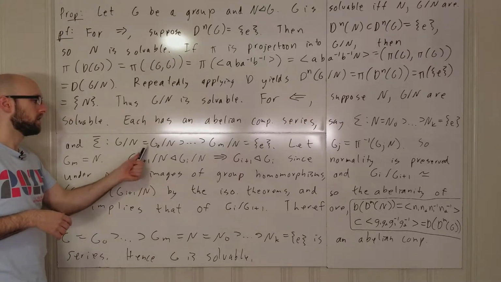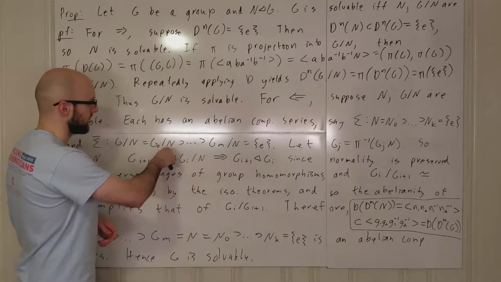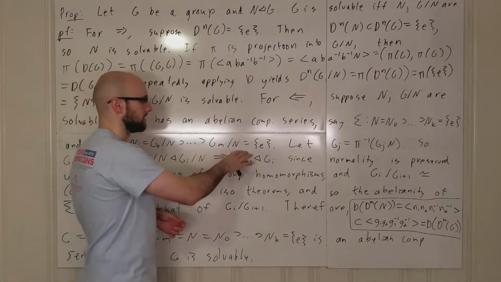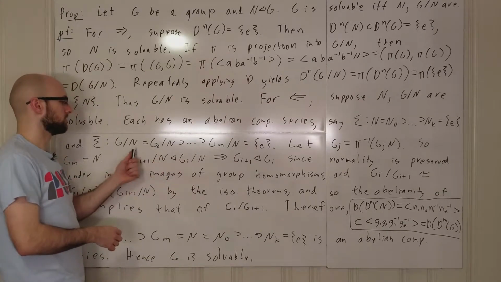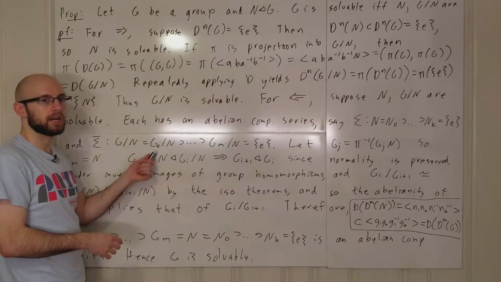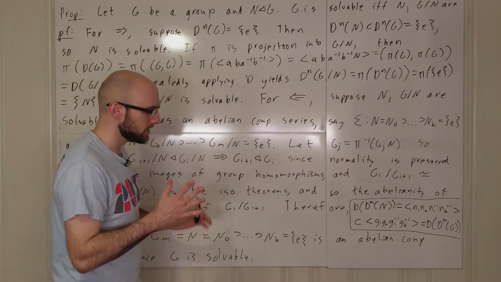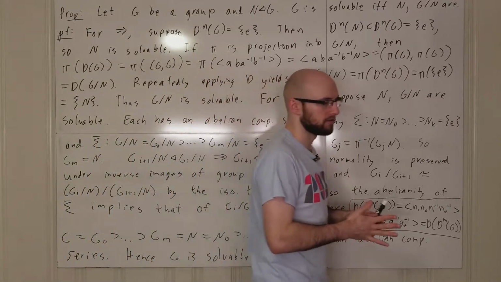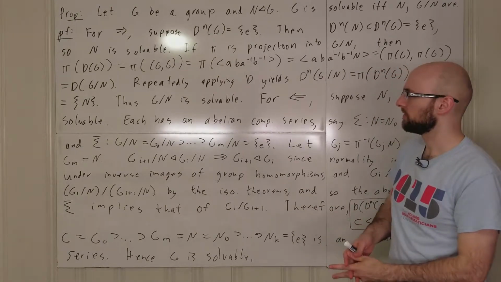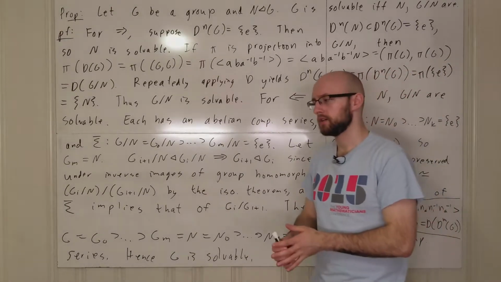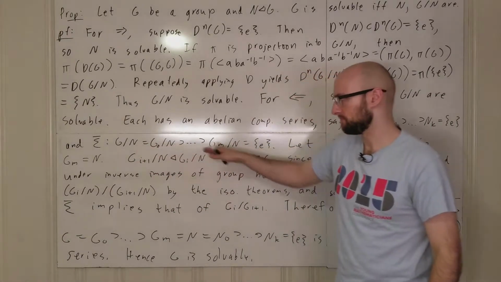Now, note that I'm writing this as G_0 mod N contains all the way down to G_m mod N, which is E. The reason that we know that these subgroups look like this, where the G_i's, G_0, G_1, G_m, are all subgroups of G, is because of the first isomorphism theorem, which tells us that all subgroups of the quotient group are of this form.